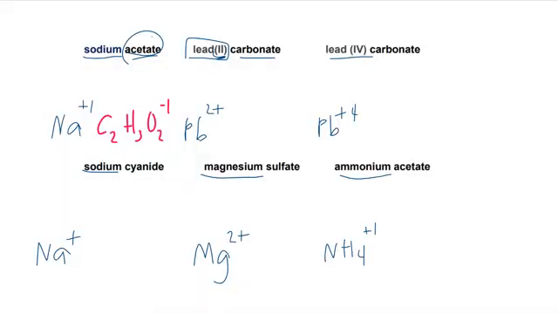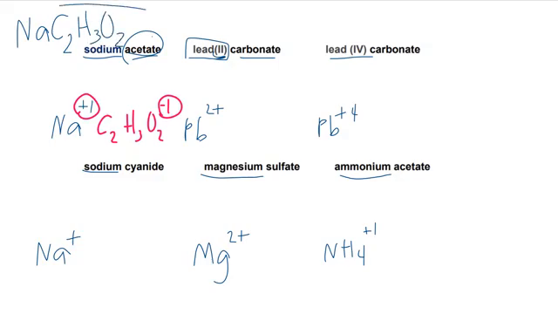So then when we look at combining these, I have a +1 and a -1, which balances out to 0. So to write this compound, I just need to smush them together. It would just simply be Na, and then I can do C2H3O2, and that is sodium acetate. Now let's go back and find, for this guy, carbonate.